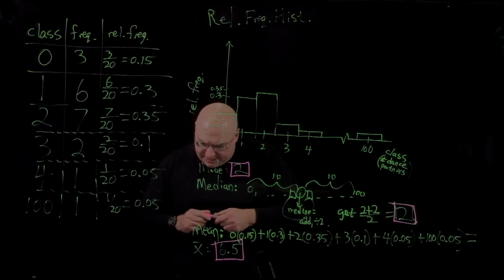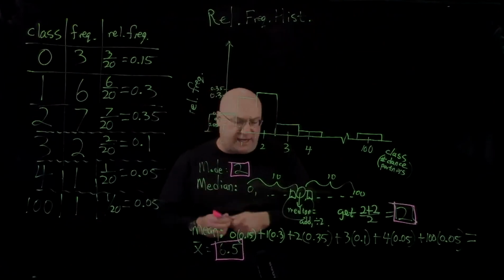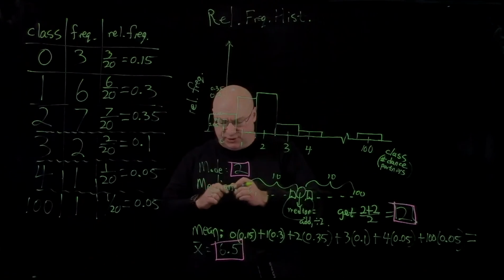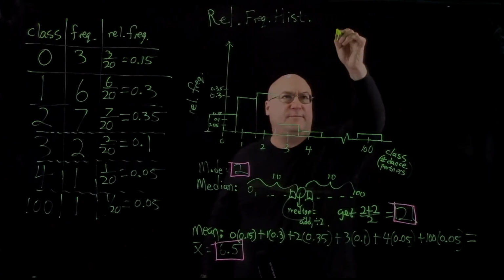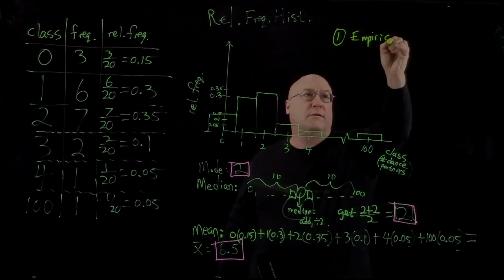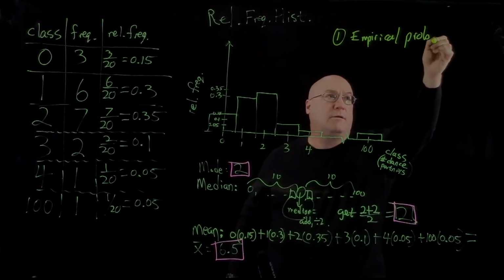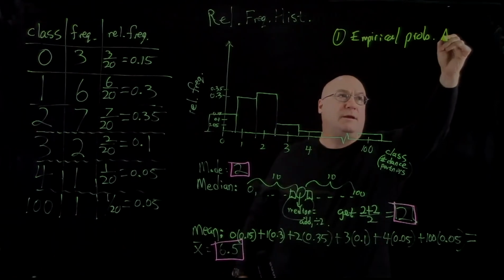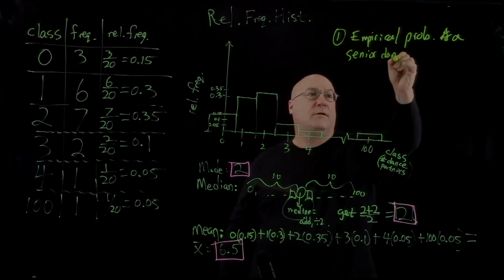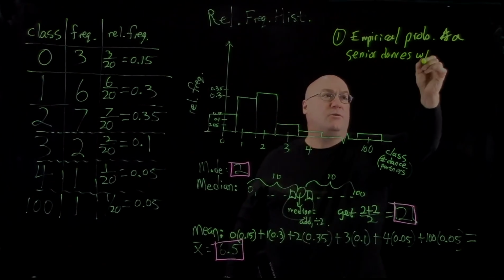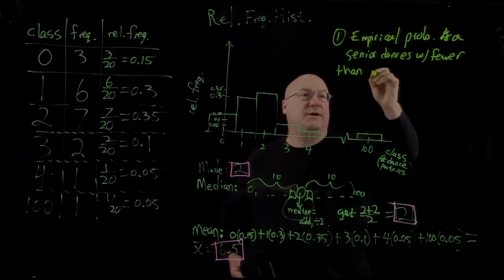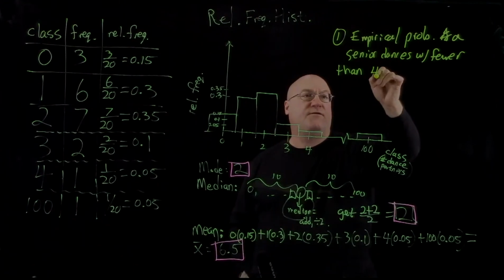Okay, let's see here. Well, let me just ask, to finish off, let's ask a couple of empirical probability questions. So what's the empirical probability a senior dances with fewer than 4 partners.